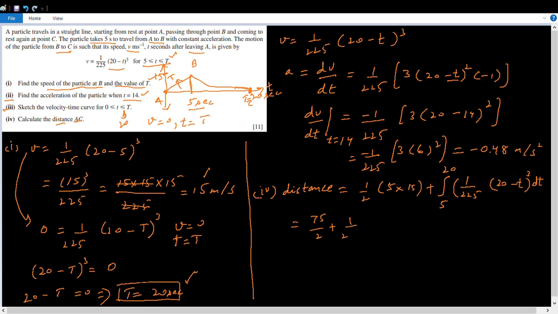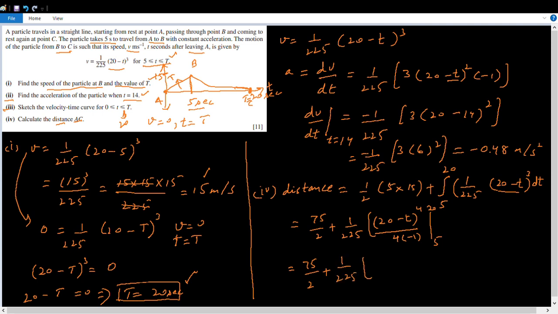When you integrate it, you take 1/225 out, and when you integrate this expression, we increase the power by 1, so that will be (20 minus t) to the power 4, divided by the power, that is 4, and when you take the derivative of it, we divide by that: the derivative of minus t will be minus 1, and we divide by that, and the limits we write here, 5 till 20. Now calculate this: 75/2 plus 1/225.